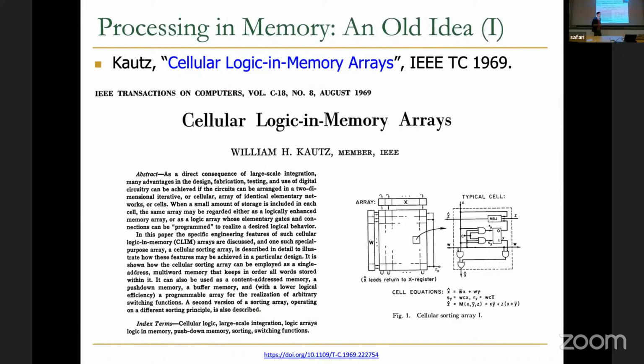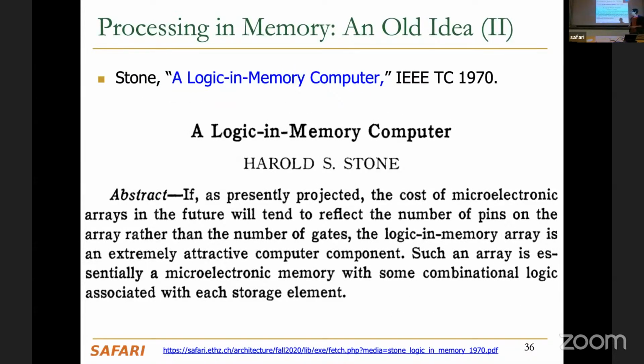This idea of processing where it makes sense or where the data resides is an old idea. It's not something that started 2 years ago or 5 years ago. Even back in the 60s, there was some research on it. This is the oldest paper that we are aware of, this cellular logic in memory arrays, or this one from 1970, a logic in memory computer.